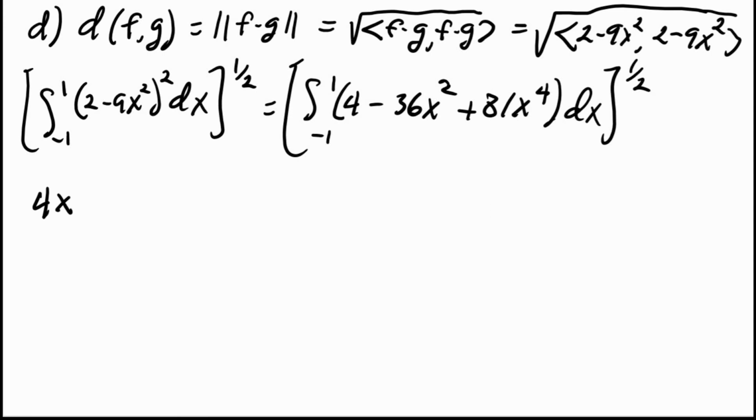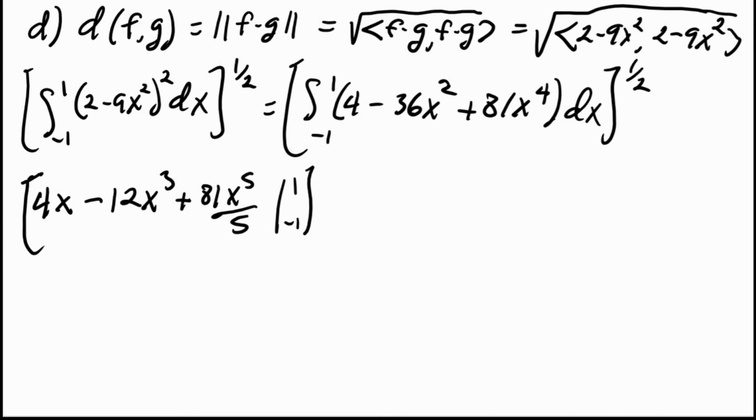Anyway, this is 4x squared minus 36x to the third divided by 3. We'll just put that there, 12x to the third, plus 81x to the fifth all over 5. And that's evaluated from -1 to 1, and can't forget the square root.